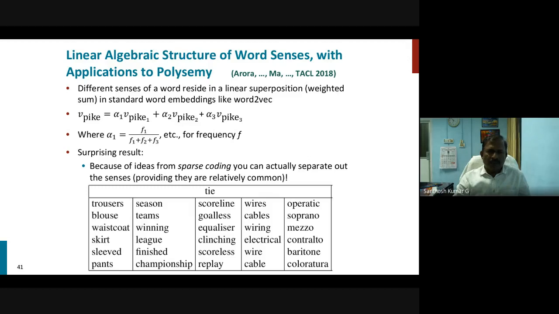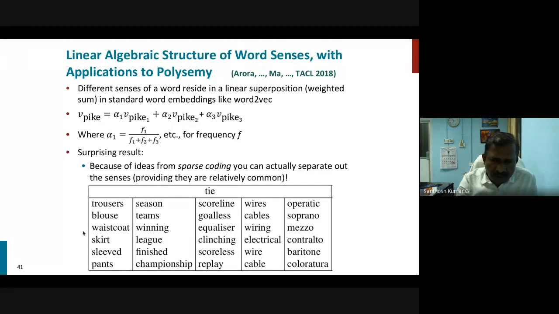You can actually separate out these senses if the words are very common. For example, suppose you take the word tie, right? Tie will have different senses.